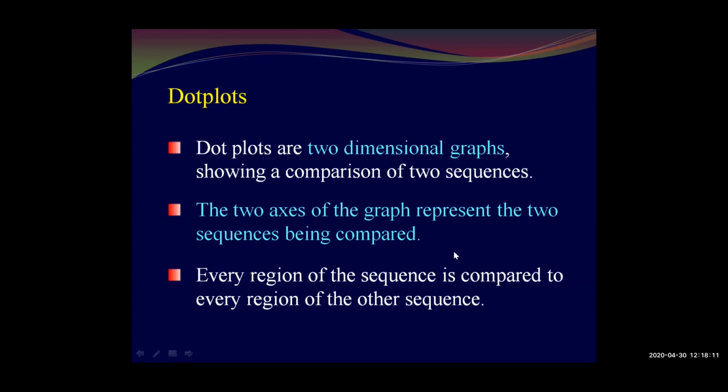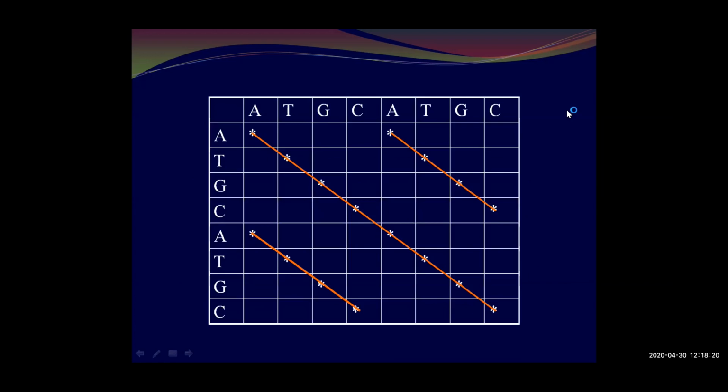So in a dot plot, there will be placing of the two sequences on two different axes like this. Suppose this is one particular sequence, ATGC, ATGC, and another sequence is this one. On the x-axis we'll be putting one, and on the y-axis we'll be putting another. But here, this figure shows the same sequence on the x as well as the y-axis.